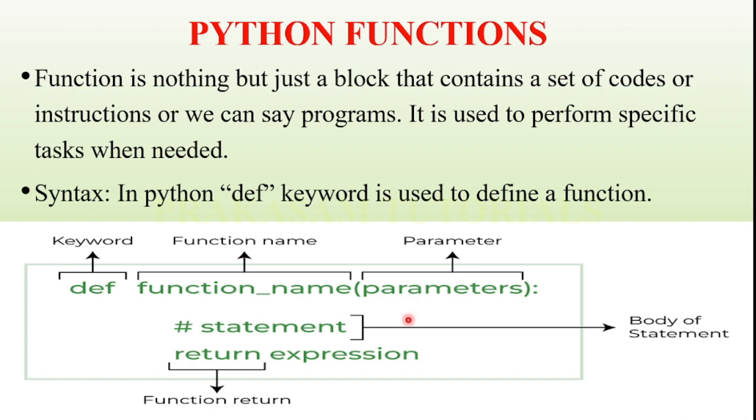The function body, or the statement of the body, is a block of code that performs some task. This block of code is nothing but the action you want to accomplish. Return value, return expression: the returned value is the output of the function.